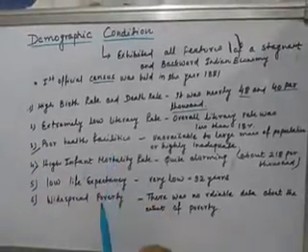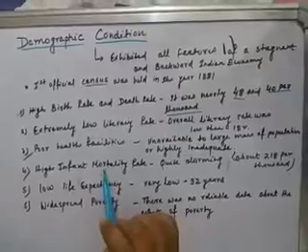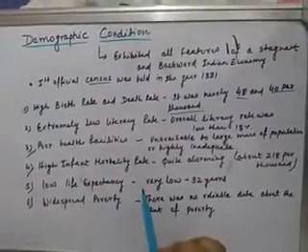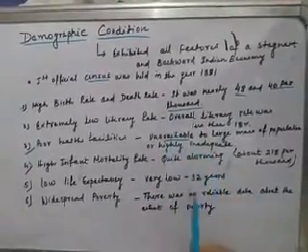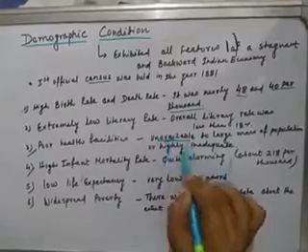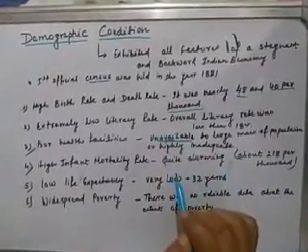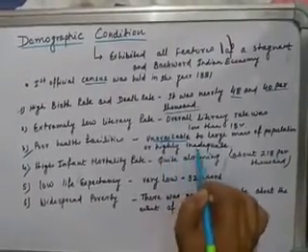At the time of independence, health facilities were very poor in our country. Public health facilities were either unavailable to a large mass of the population, or even where available, highly inadequate.